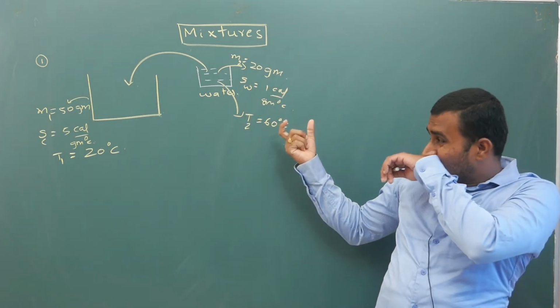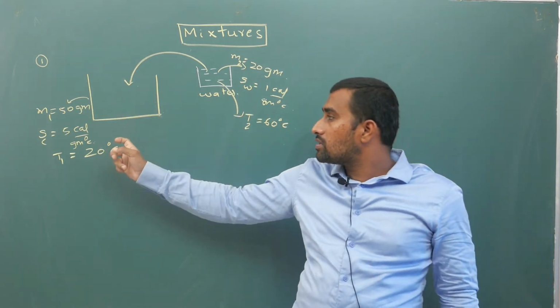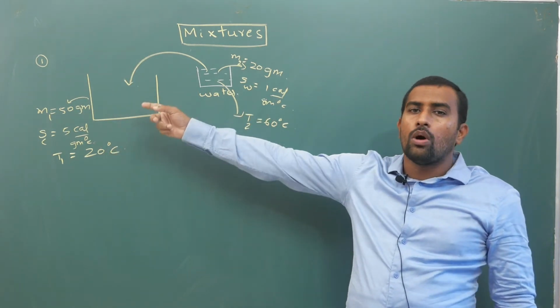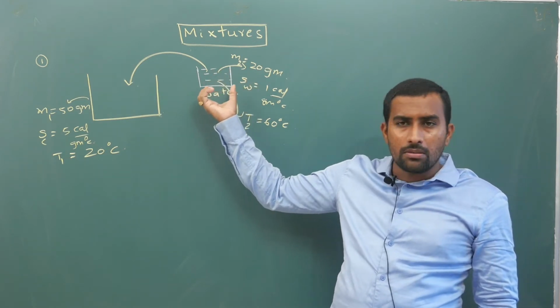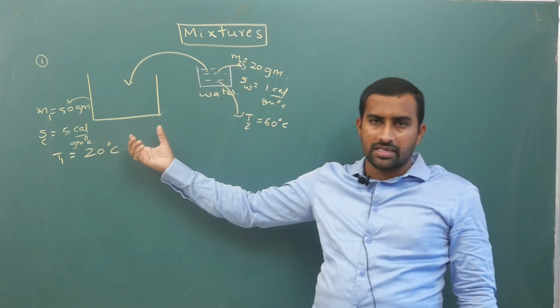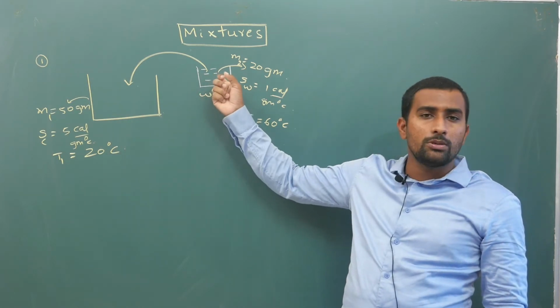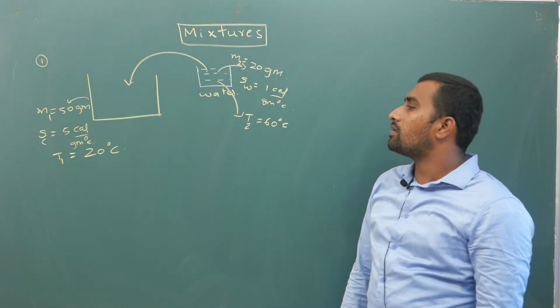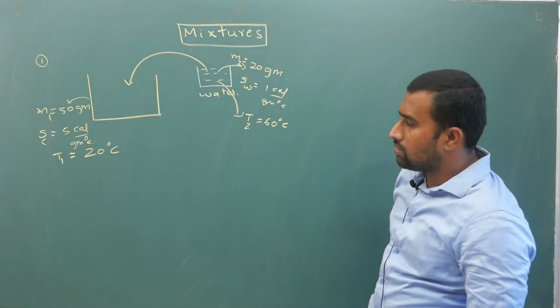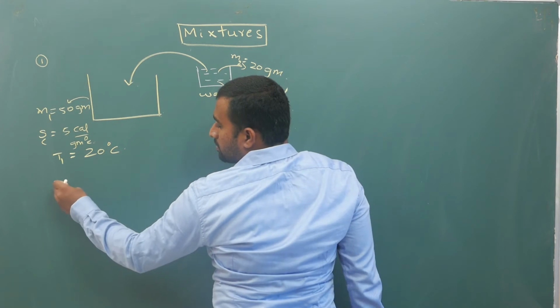When you mix this high temperature body into the low temperature body, this heat energy will be absorbed by the low temperature body, and this heat energy will be lost by the high temperature body.